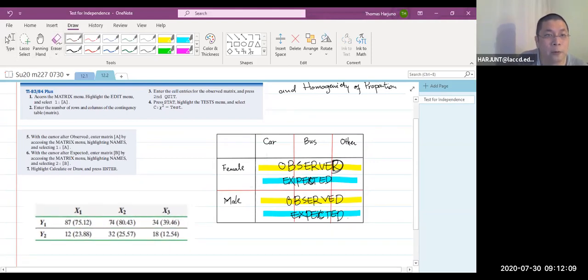Okay, first we will go to matrix menu, highlight edit, and then select matrix A. Okay, and then the yellow one will be this, the observed.